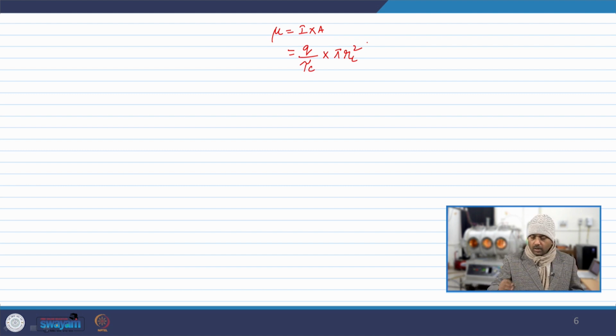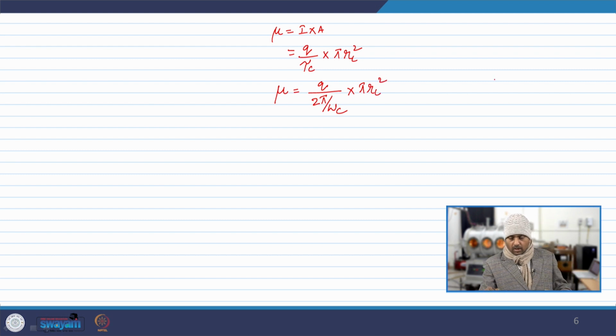So, we can write the magnetic moment as mu equals q by 2 pi by omega c times pi RL square. Omega c is 2 pi nu. Nu is the frequency, omega is the angular frequency. Nu is omega c by 2 pi.